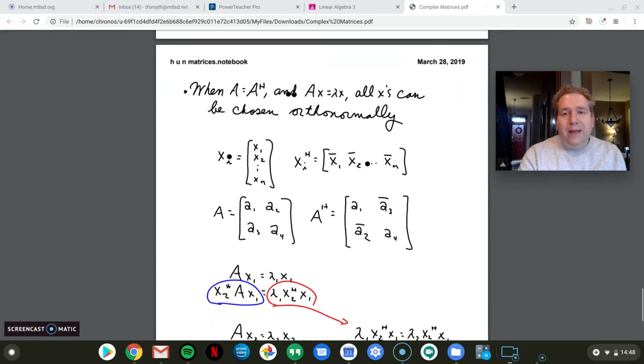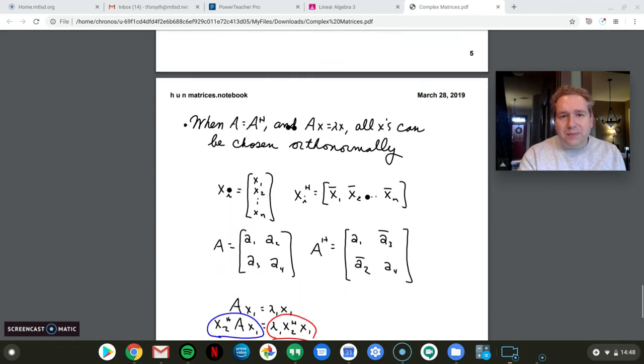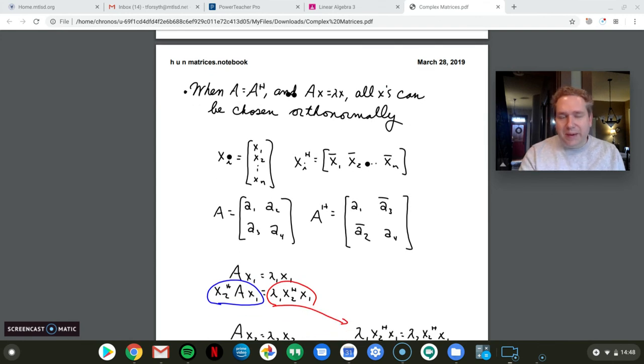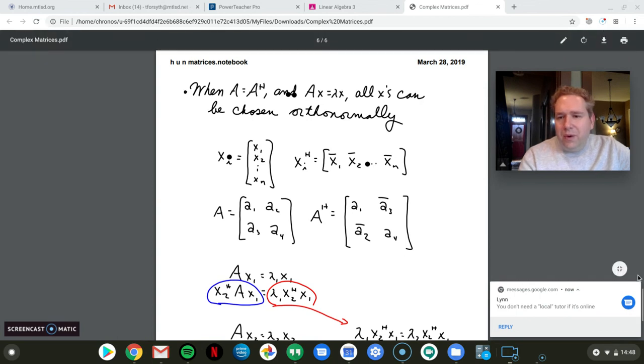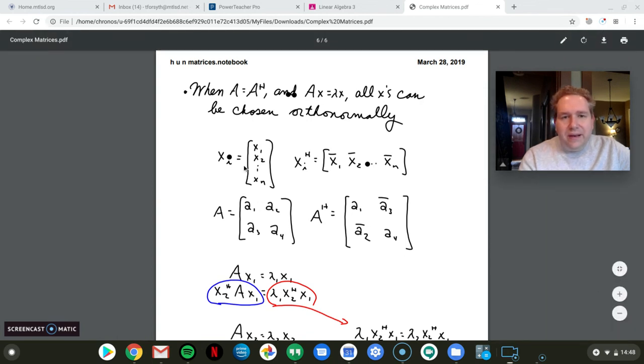Okay? And then I have here on the last page, we've seen this before with the spectral theorem, but we had transposes there. When A equals A Hermitian and AX equals lambda X, all X's can be chosen orthonormally. So what we've done here is defined an arbitrary vector and then the conjugate transpose, or the Hermitian version, of that.